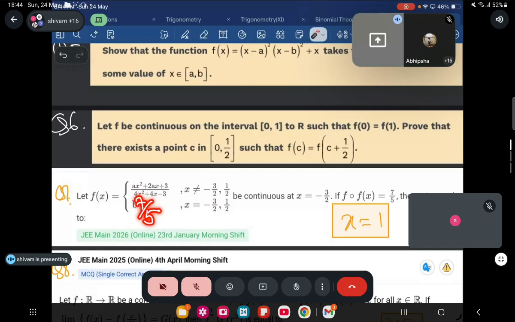Then what would have been your answer? But since b is unknown, they have asked for a unique value of x. Yes, but this kind of question can come like this also: find the number of roots of this equation. Then excluding minus 3 by 2 and half would be a criminal offense. Are you getting?